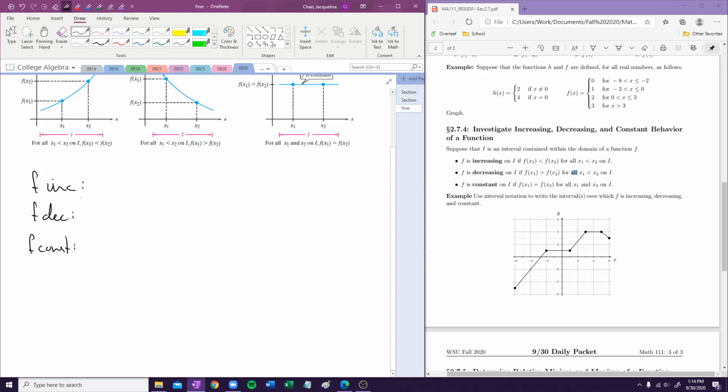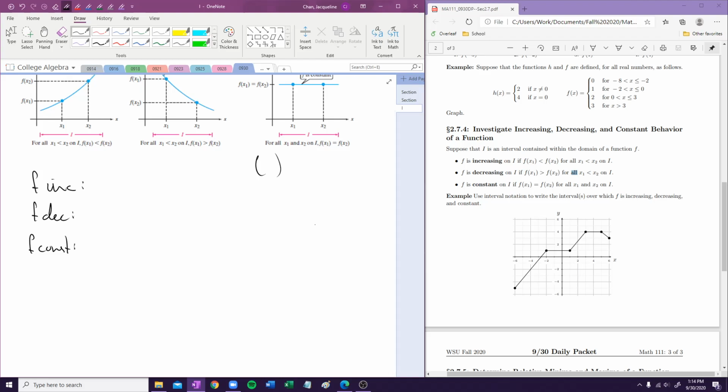So when we're talking about increasing, decreasing, and constants, we're always going to use parentheses. So let's start. Over here, since I have a dot right here, that means it's not going to infinity. Our domain starts at x equals -6. So when we're talking about interval notation, about the intervals where f is increasing, we're talking about when the y's are increasing, decreasing, or constant.